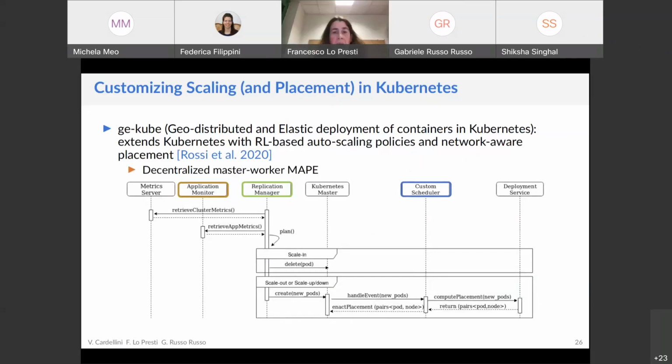We have also provided network-aware placement in such a way to deal with geographically distributed worker nodes. And here you can see that we have implemented the reinforcement learning policies that you will see in some minutes inside this newly added component that we have called the replication manager.